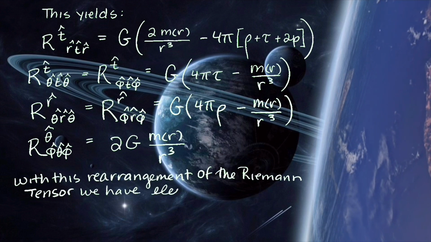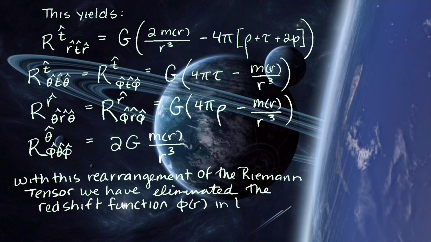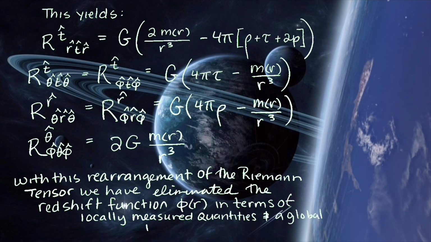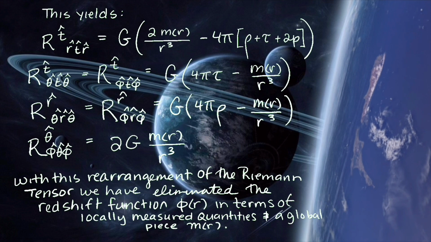One sees, though, that with this rearrangement of the Riemann tensor, we have eliminated the redshift function phi of r in terms of locally measured quantities, and a global piece, which is the mass, m of r.